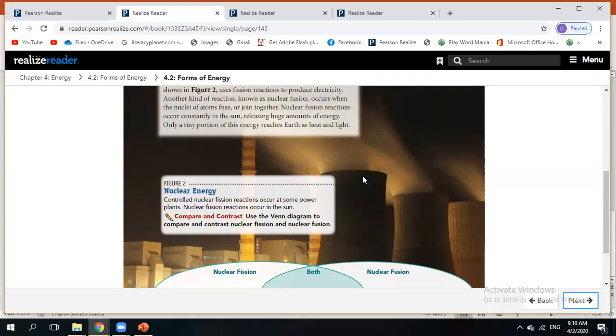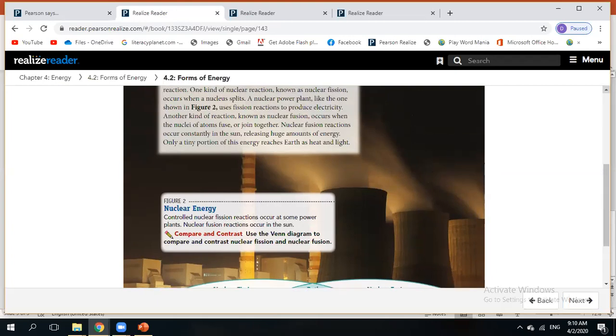So again, we are talking about nuclear energy, which is a kind of potential energy stored inside the nucleus of an atom. This stored energy is released during a nuclear reaction. We have two kinds of nuclear reaction. The first one is nuclear fission.